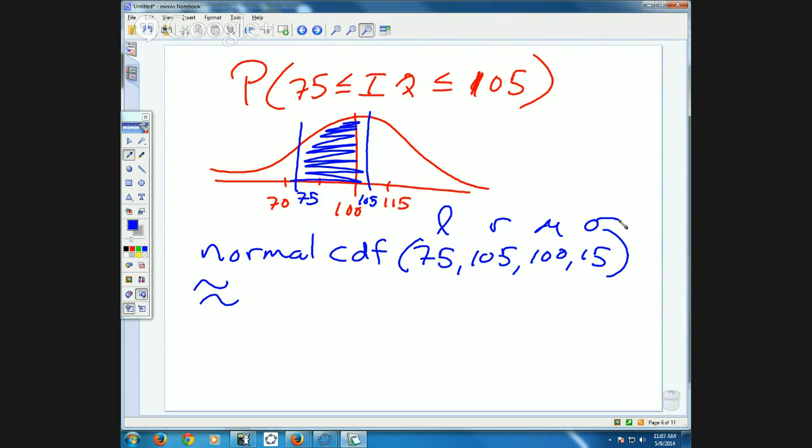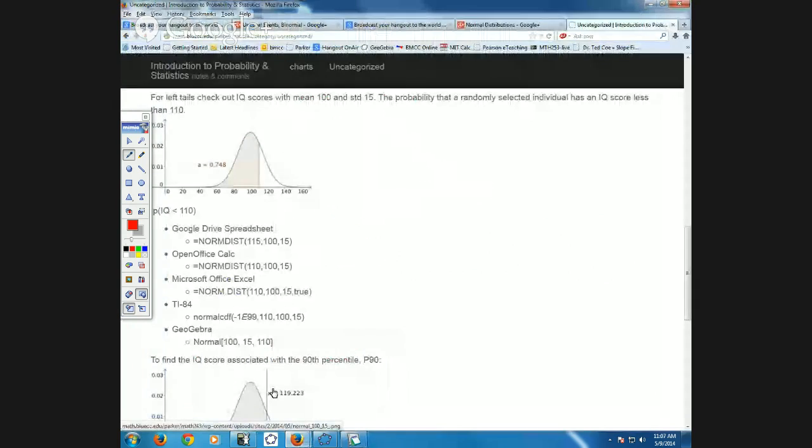By the way, if we were doing this on Excel, for those of you who like spreadsheets, that's what I typically do. It would be norm dot dist, and then x value first, mean, standard deviation.